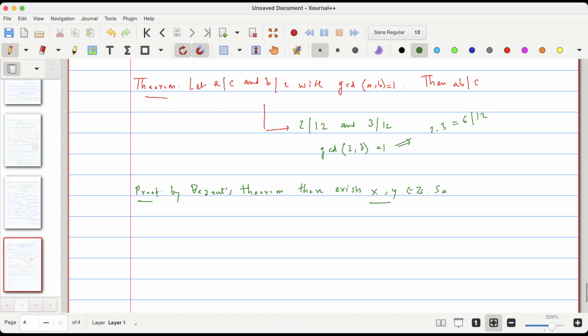Such that 1 equals ax plus by. Now we also know A divides C, which implies C equals ak1, and B divides C, C equals bk2.